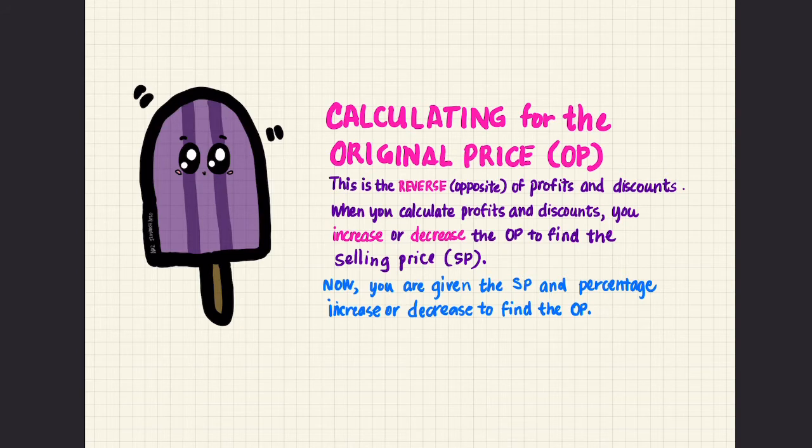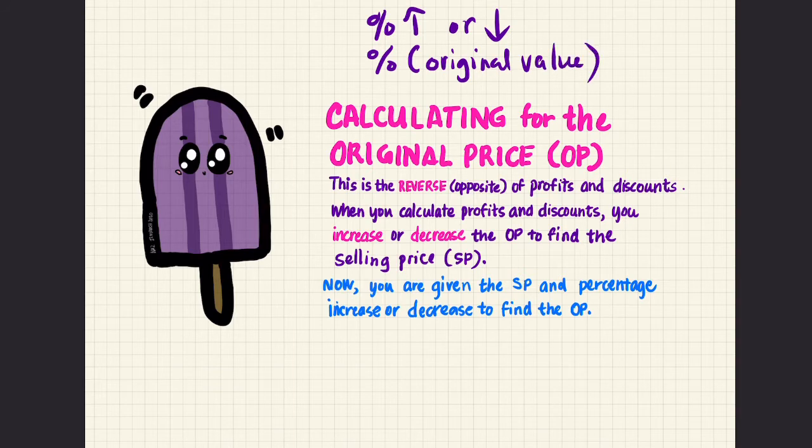As I showed in the last slide, when we did percentage increase or decrease, profits or discount, we had the percentage multiplied by the original value, and then we calculated for the new value.